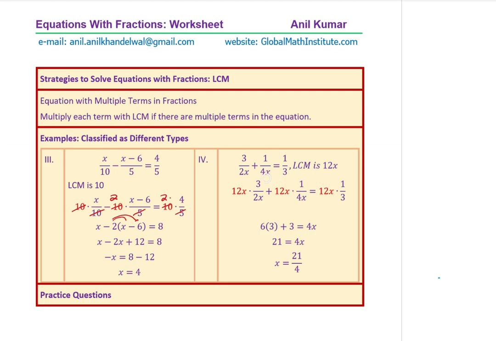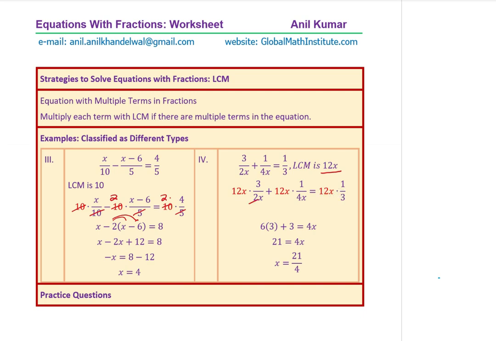So as far as the numbers are concerned, the number 12 and the variable x form the lowest common denominator. So we'll multiply each side by 12x, each and every term. So three terms, all three of them multiplied by 12x as shown here.